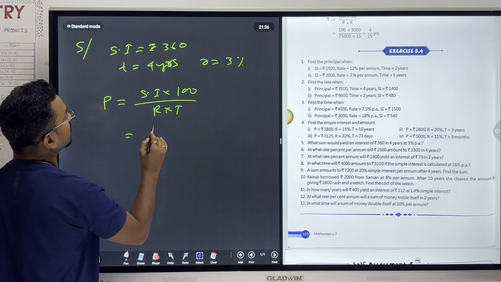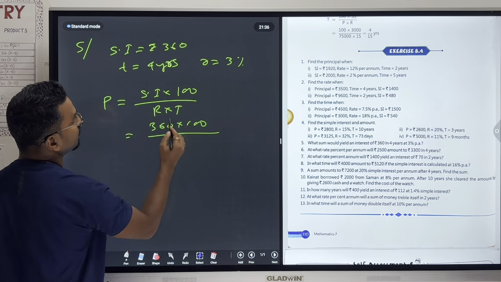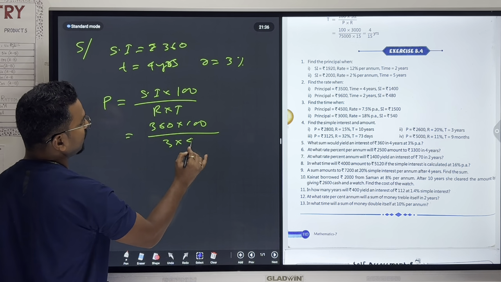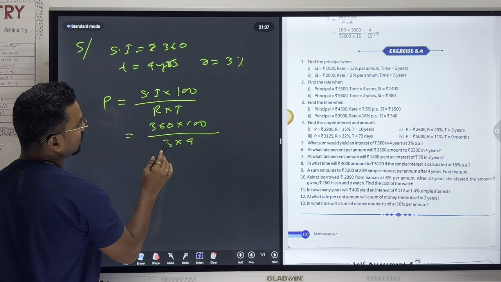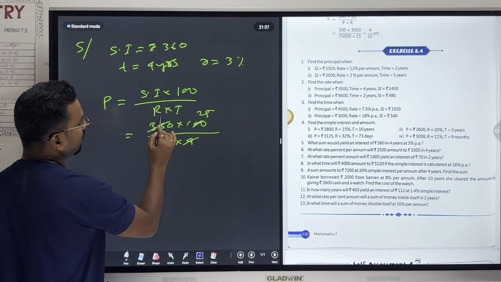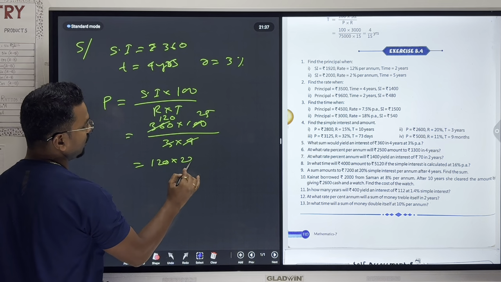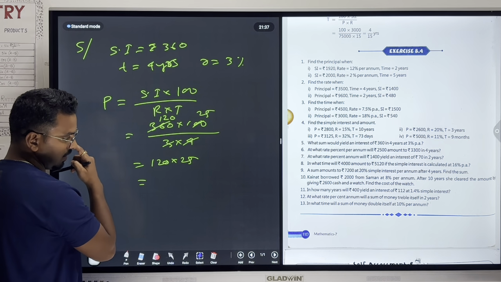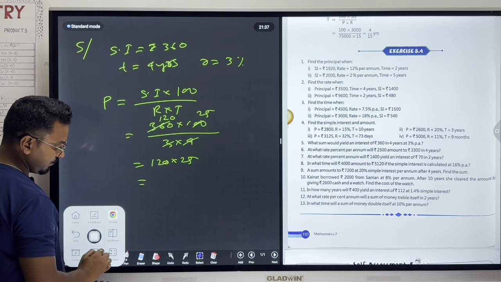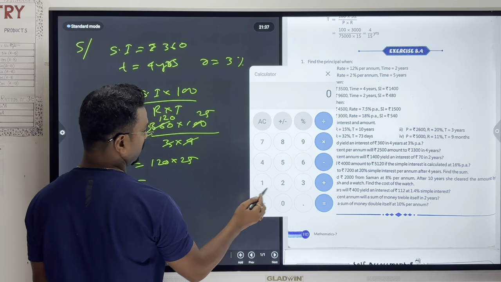Simple interest is given 360 multiplied by 100, rate of interest is 3, time is given 4. If you divide, this will be 25, and if you divide, it will be 120. So 120 multiplied by 25, how much will you get? 3000, I think.